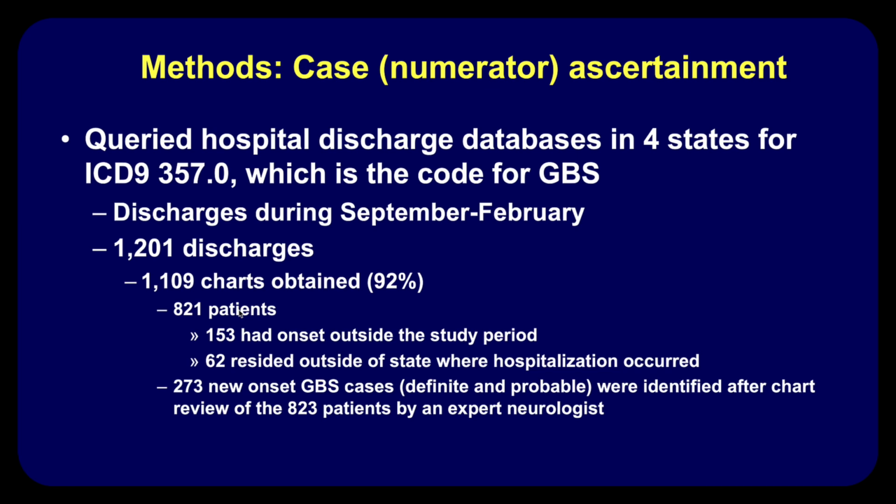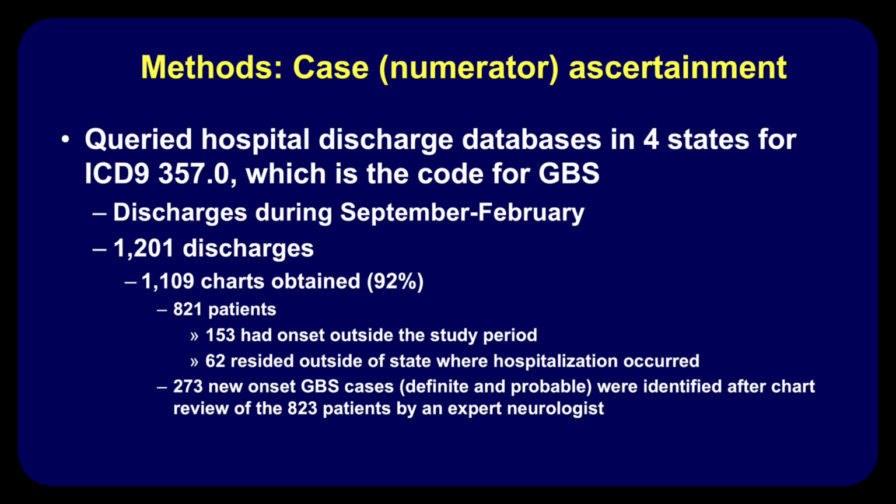Looking at which of these individuals might fall inside our study definitions, we saw that 153 could be excluded because their onset of symptoms of GBS was outside the study period, and another 62 were hospitalized in the state but resided outside of the state, and we were going to consider vaccinations happening in the state, so those were excluded. Our final group of people in the numerator were 273 people who were hospitalized with new onset Guillain-Barré syndrome.